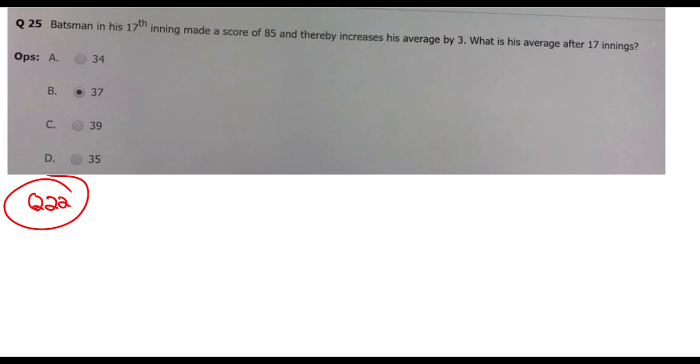What is his average after the 17th innings? Guys, let us consider the 16 innings average is A. The 17 innings average will be A increases by 3, not decreases, sorry.